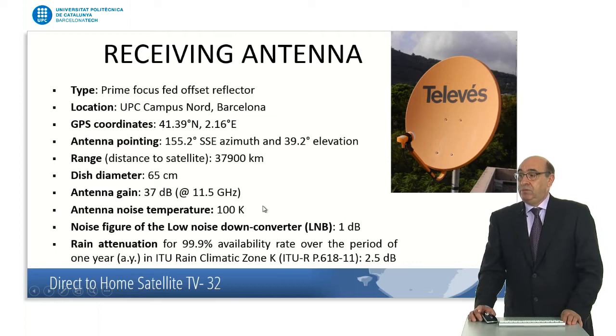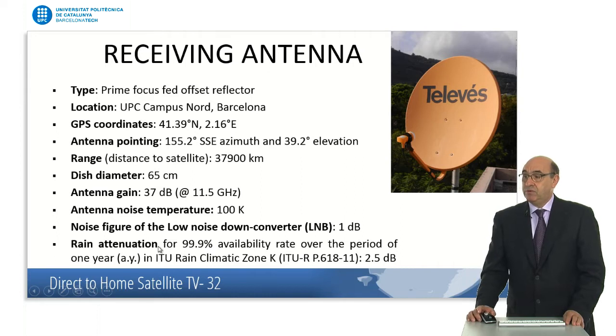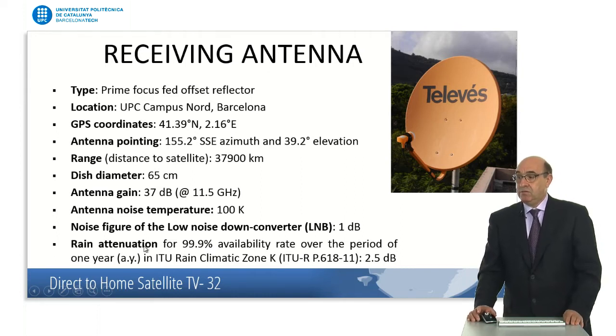To complete the picture, we also need to know where we are and what are the weather conditions. The most important factor that may affect the reception is rain. And for this, you need to have some information on two things: where you are, the kind of climatic zone you are in, and the ITU has classified them.